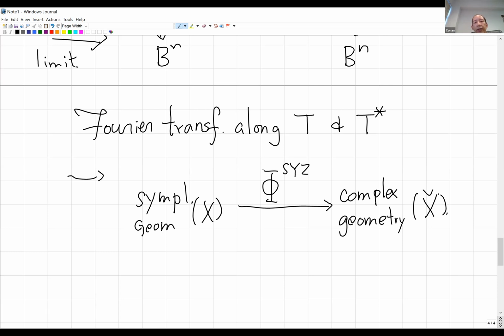So this is the basic idea of the SYZ proposal, and I was explaining this type of thing.